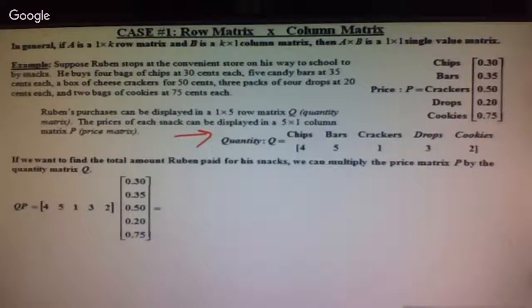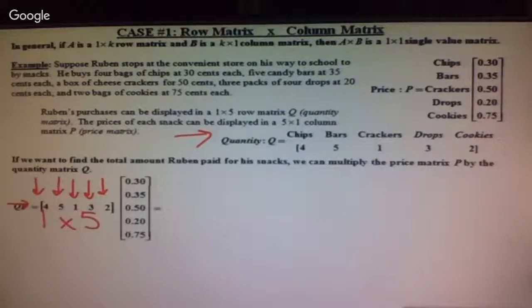How many rows does this matrix have? 1 row. How many columns? 1, 2, 3, 4, 5 columns. So that's a 1 by 5 matrix.